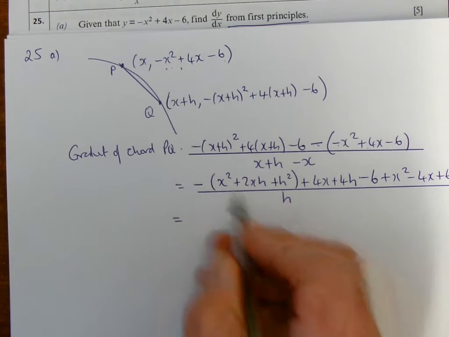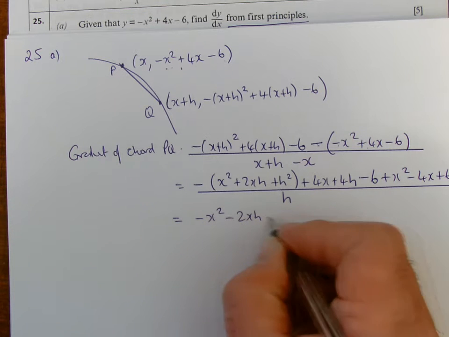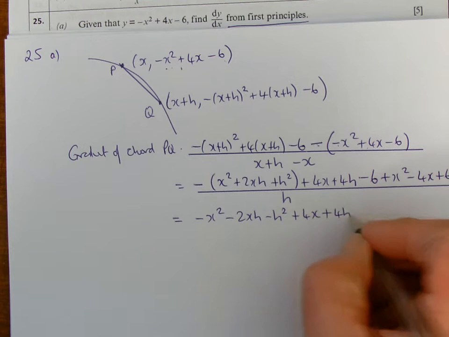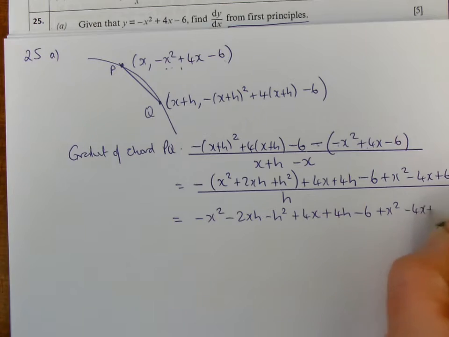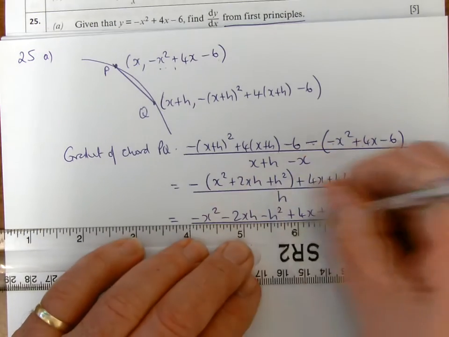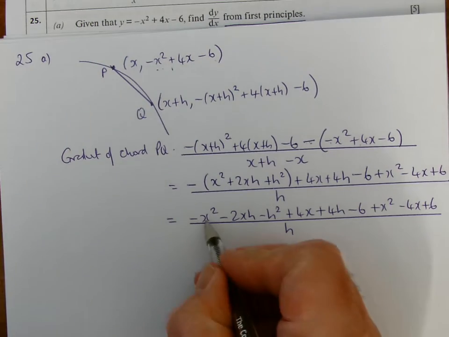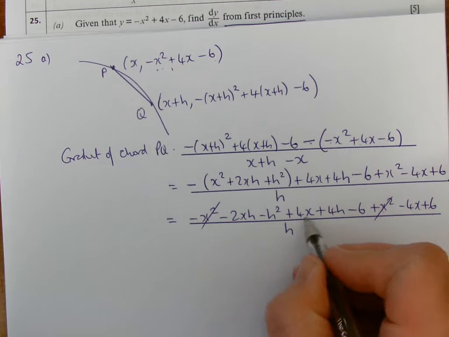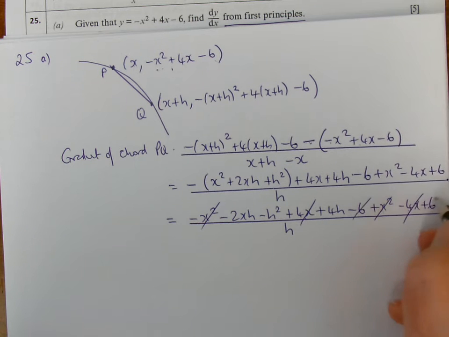So remove the first bracket: minus x squared minus 2xh minus h squared plus 4x plus 4h minus 6 plus x squared minus 4x plus 6, all over h. So we have minus x squared plus x squared, plus 4x minus 4x, minus 6 plus 6.